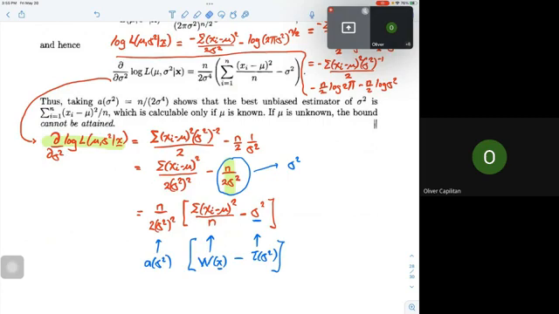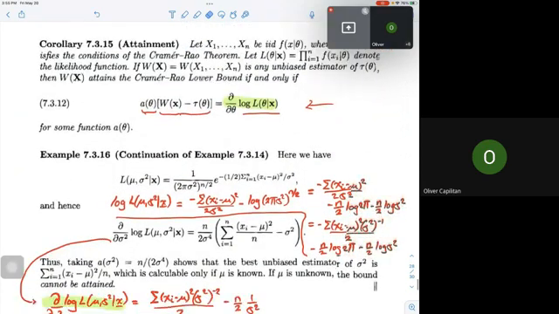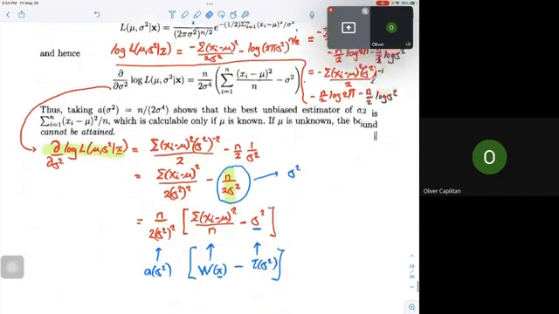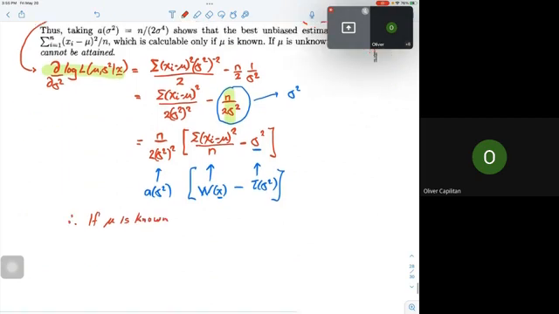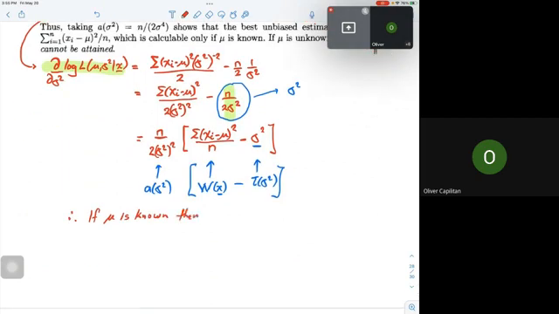So according to our corollary, ito yung ating estimator. Therefore, we conclude. If we take mu, kasi may summation, may mu na yan. If mu is known, kung alam natin yung ating mu, then yung W of the sample, ano yung W of the sample?